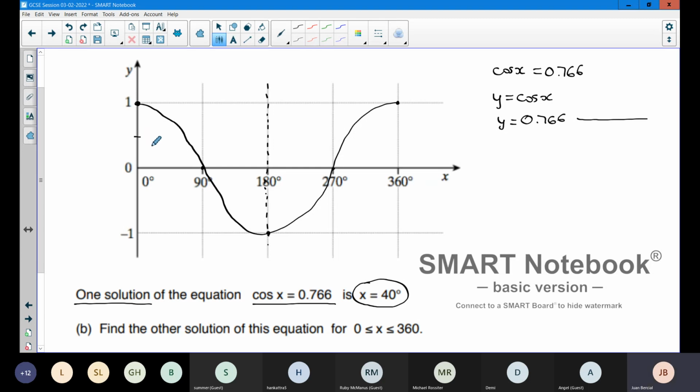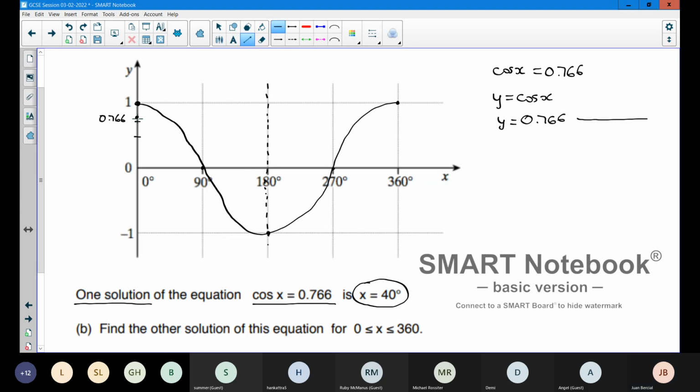So remember, y is a constant, y never changes, so it's a line. This is 0.5, that is 3/4, so this is just slightly a little bit higher than that. So let me indicate it. So that is 0.766. Horizontal line.